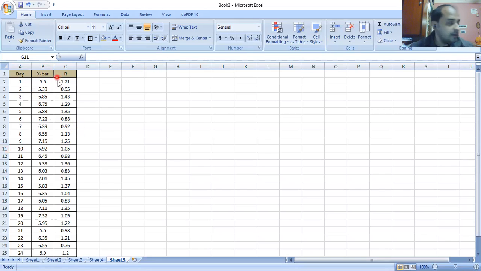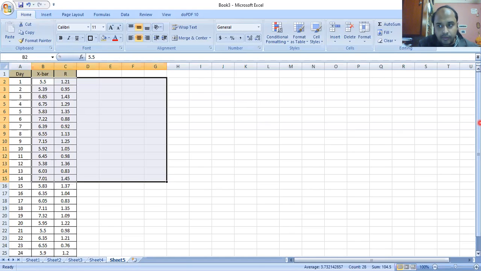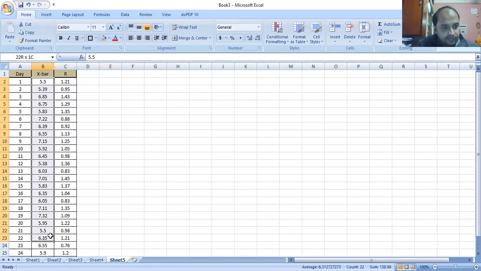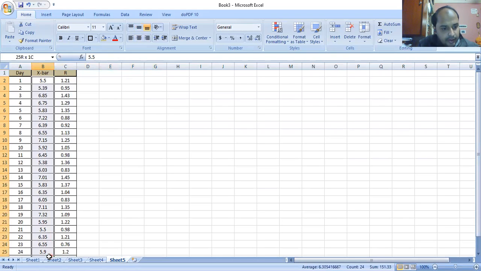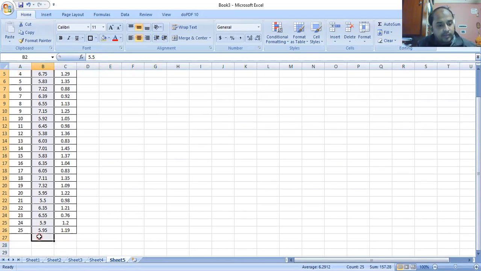In the formula you have X bar bar, the mean of the means. I'm going to calculate this from here. First of all, we select this particular column, and one extra cell below, which is blank, where the calculation will be done.